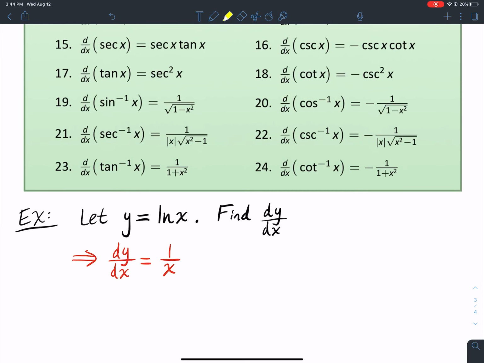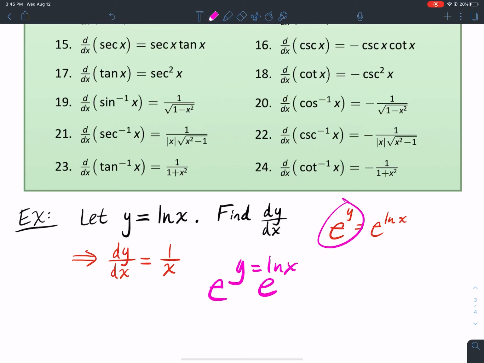Okay, so to do that, I start with e to the y. Say I have y equals the ln of x, right? If I e both sides, I get e to the y equals e to the ln x.